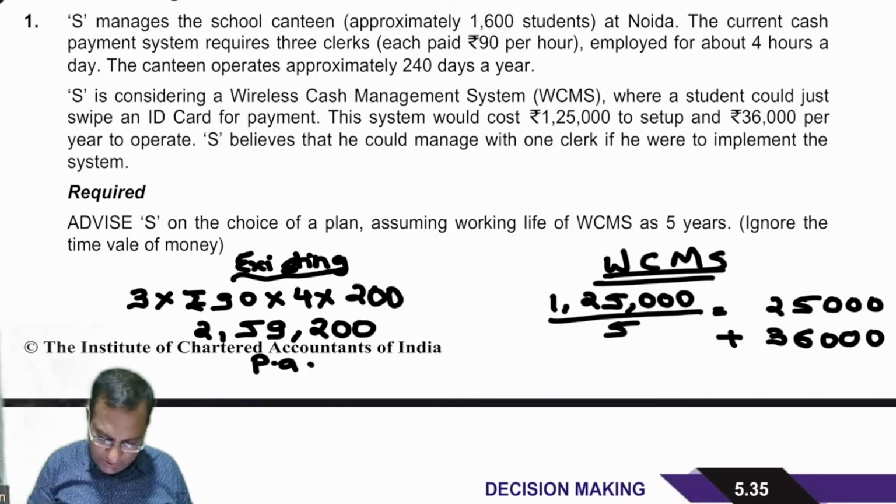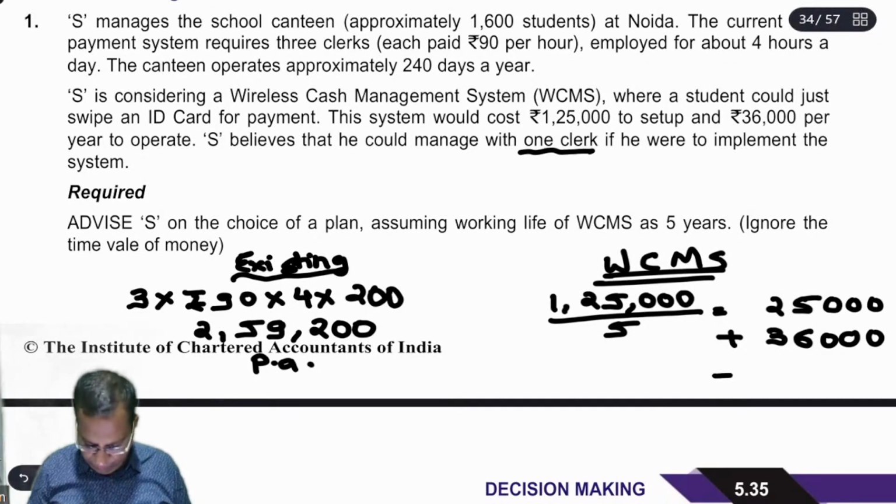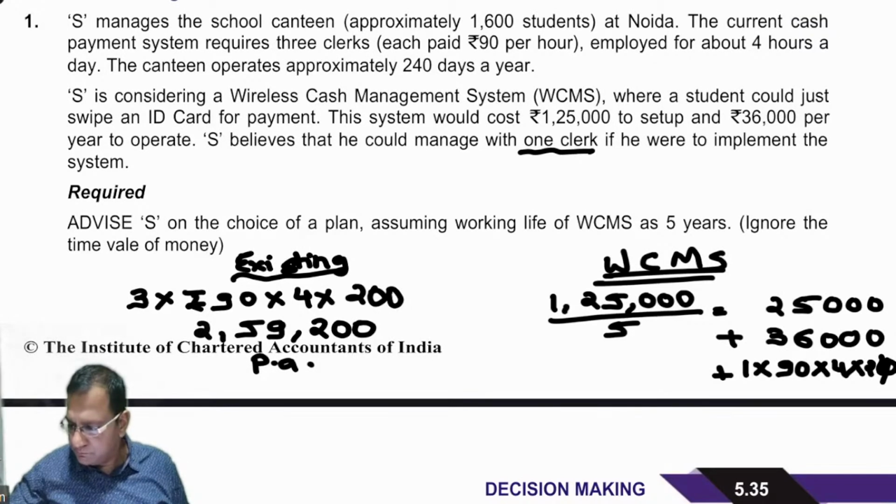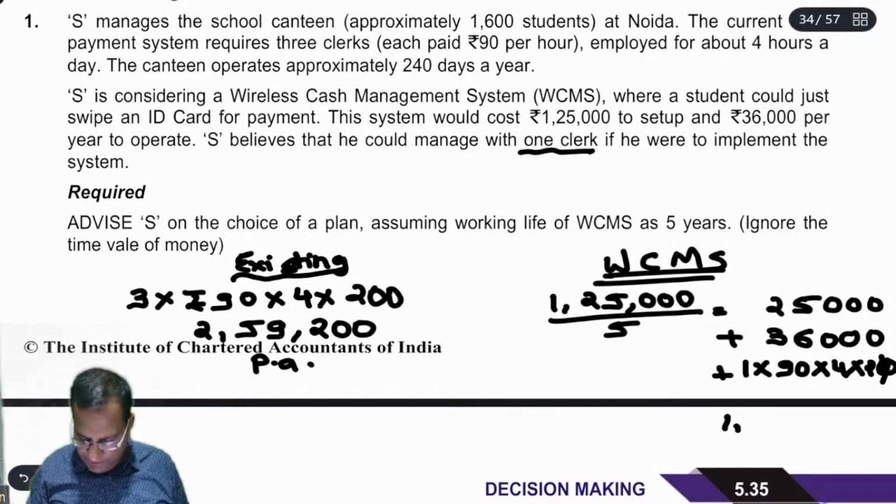Along with that, we require 1 clerk only, plus 1 into 90 into 4 into 240. Plus 36,000 plus 25,000. So it's 1,25,800 per annum.